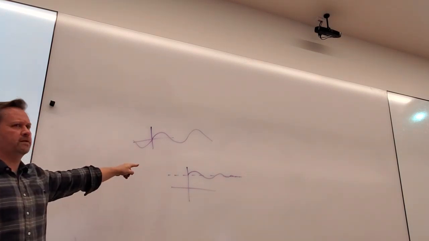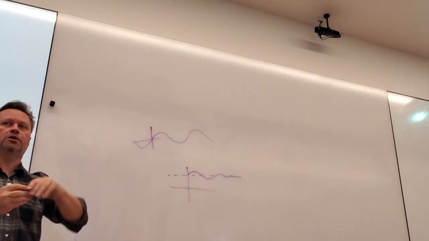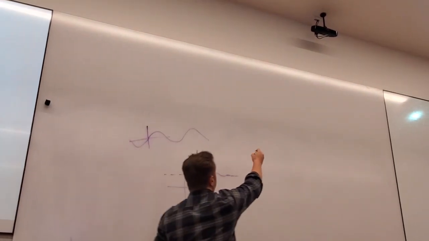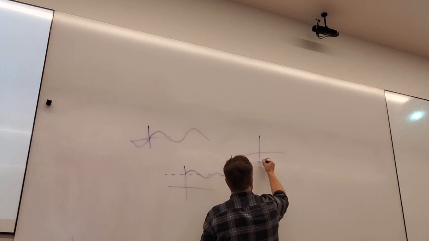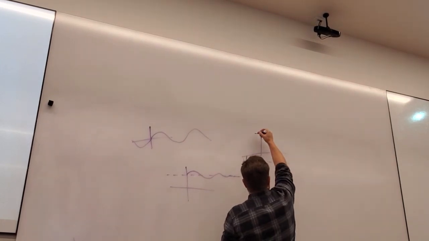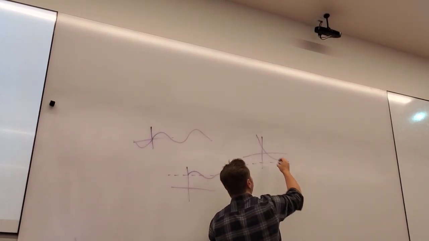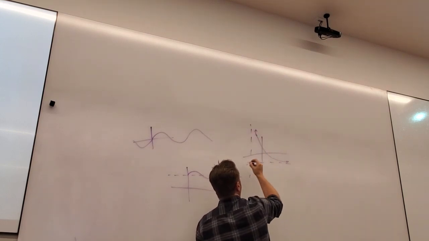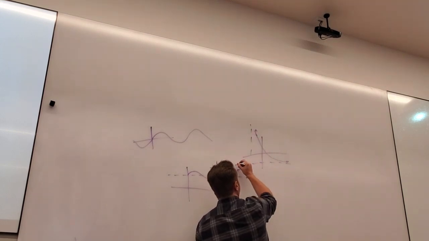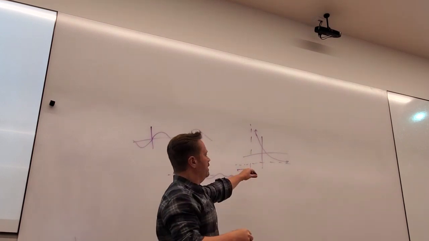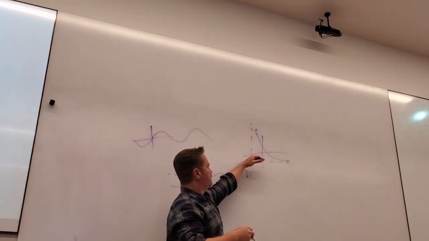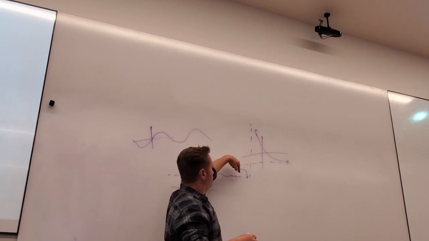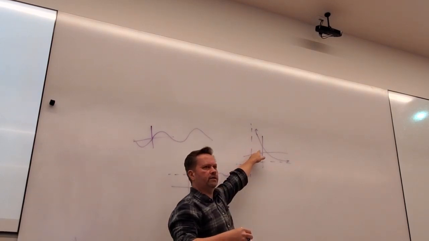This is an extreme example. Most of the ones we're going to look at are going to look something more like this. I'm going to have a horizontal asymptote somewhere, and then it's going to come in like this, and then it could have a vertical asymptote here. I need you to understand, the walls we set up tell me where my function could possibly exist.